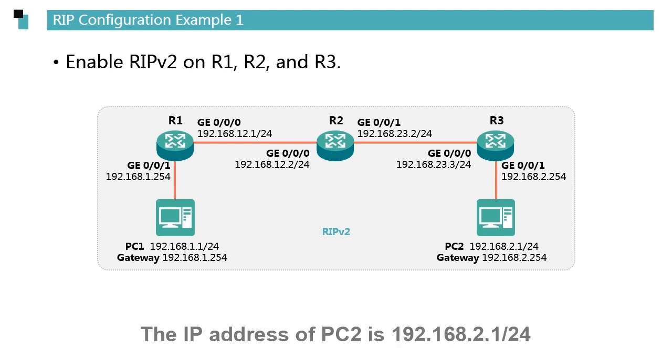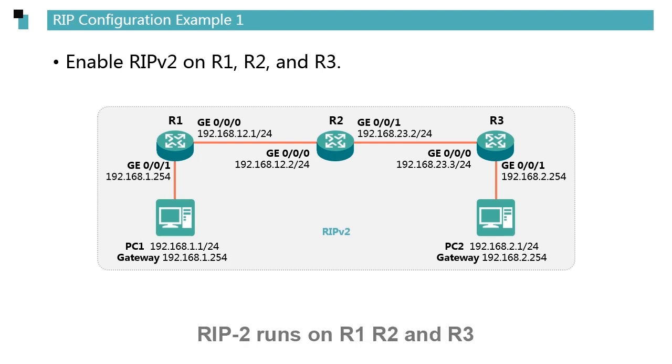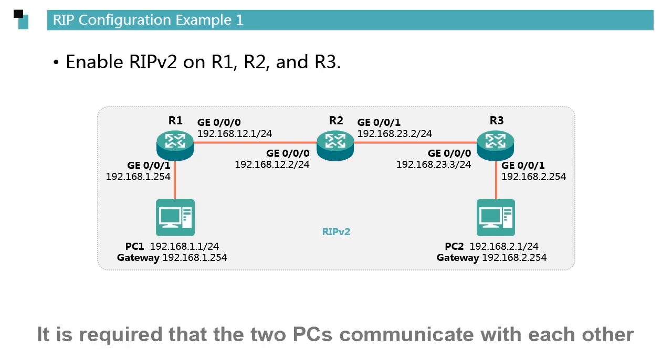The IP address of PC2 is 192.168.2.1/24, and the IP address of its gateway is 192.168.2.254. RIP2 runs on R1, R2, and R3. It is required that the two PCs communicate with each other.